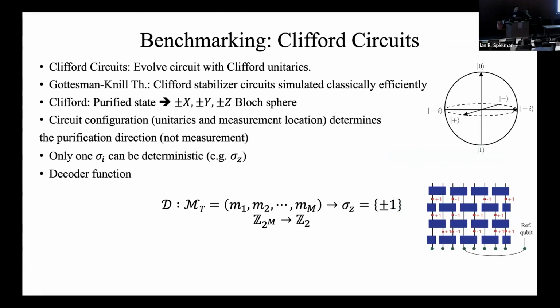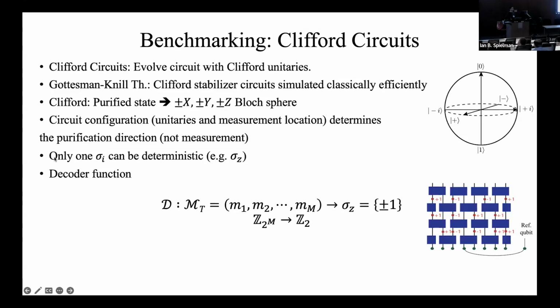The other property of these circuits is that once the qubit is purified, it can be only along one of the XYZ axes of the Bloch sphere. More importantly, this purification axis only depends on the unitaries and the measurement locations, and is independent of the measurement outcomes.